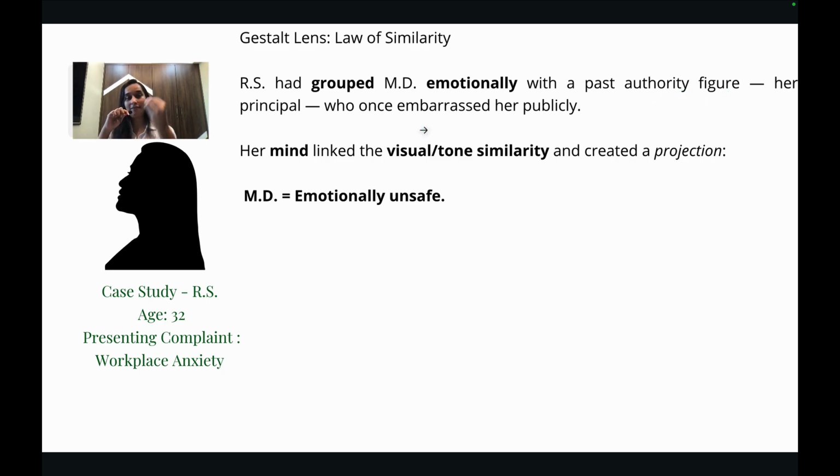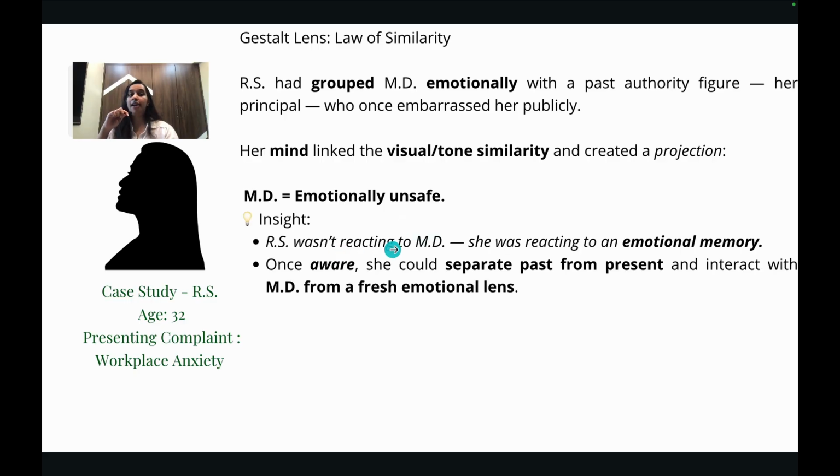On more investigation with the sessions, we see that once she was embarrassed publicly in school in front of all her friends. So her mind linked the visual and tone similarity and created a projection that MD is emotionally unsafe. That's when we see RS wasn't reacting to MD, she was actually reacting to an emotional memory from the past.